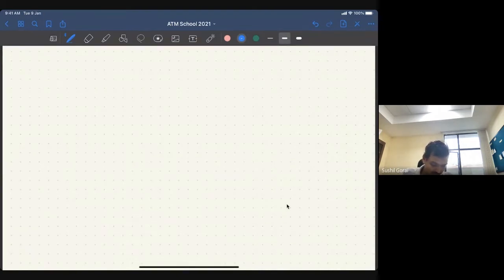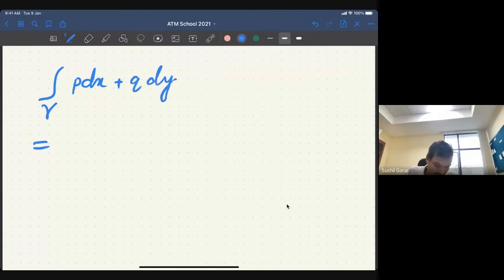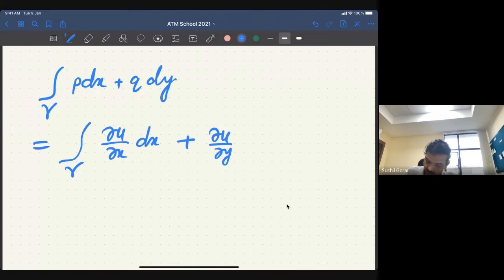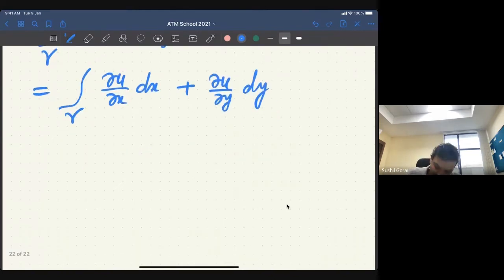Now look at this one: the integral over gamma of p dx plus q dy, which is nothing but the integral over gamma of del u by del x times dx plus del u by del y times dy. Now you unfold the definition of the integral.